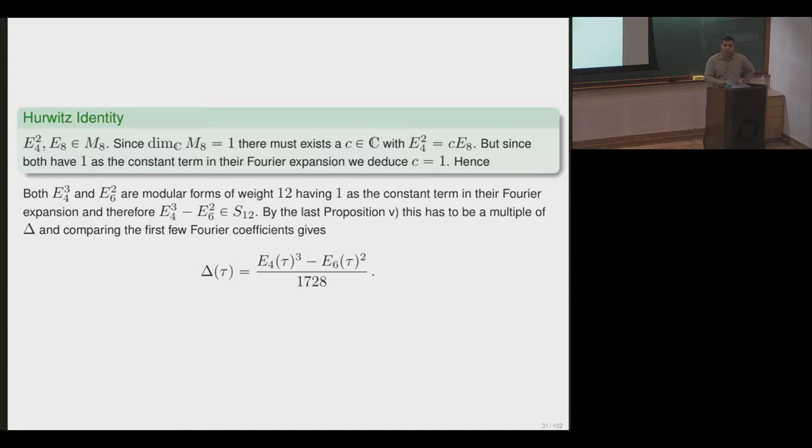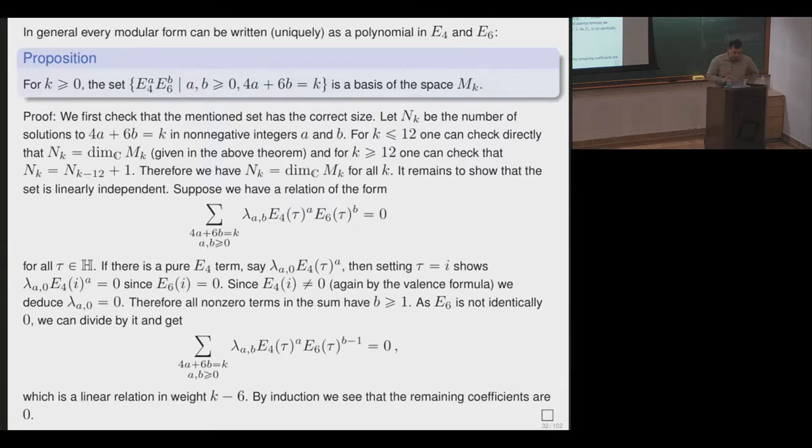And now we look at the first coefficient, then it turns out that this is 1728. And therefore, this series starts with q. And therefore, it has to be delta, because delta was given by the q product, with 1 minus q to the n to the power 24. Okay, so we get these identities for free.